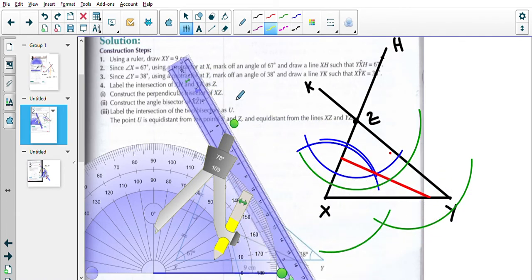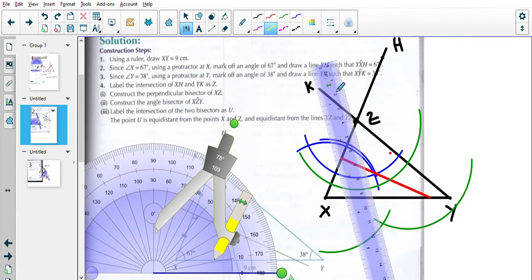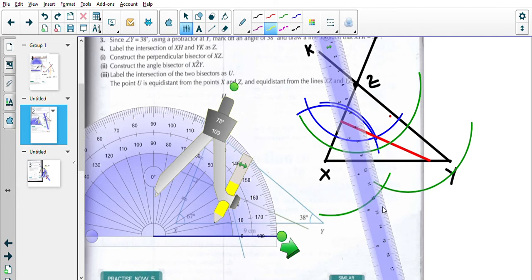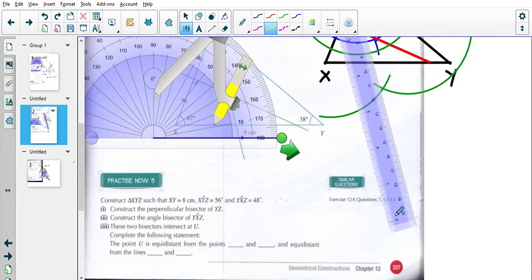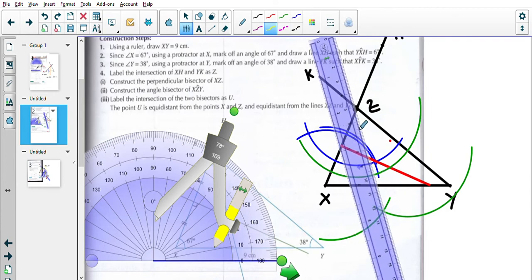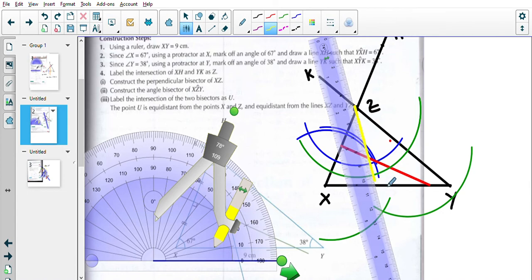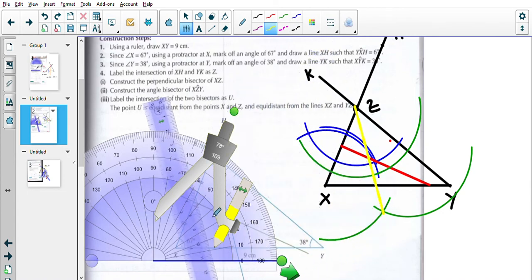Make sure that it is connected between Z and this new line, and you finally got, oops, it is missing, so I have to adjust. Now I have to adjust again, make sure that you have it correct. Yes, this is the line of the angle bisector of XZY.